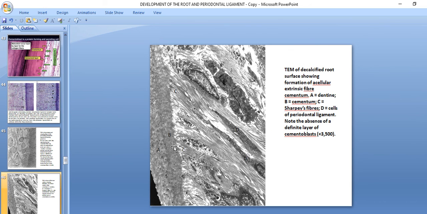Here you can see this is the dentin, which is overlaid by cementum, and here you can see the Sharpey's fibers and the cells of the periodontal ligament, and there is no layer of cementoblasts.